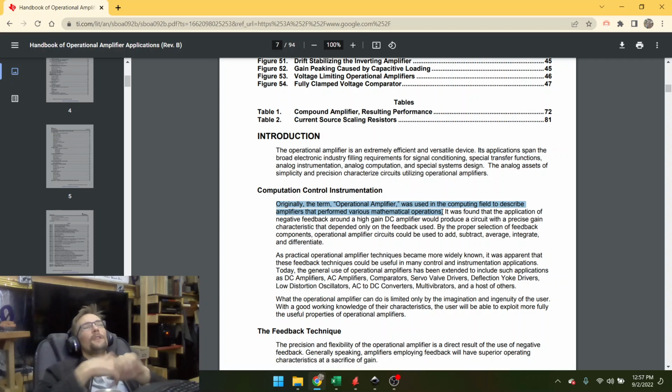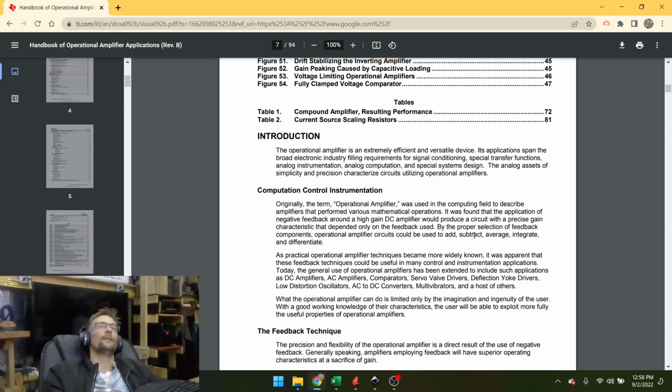It was found that the application of negative feedback around a high-gain DC amplifier would produce a circuit with a precise gain characteristic that depended only on the feedback used. By the proper selection of feedback components, operational amplifier circuits could be used to add, subtract, average, integrate, and differentiate.